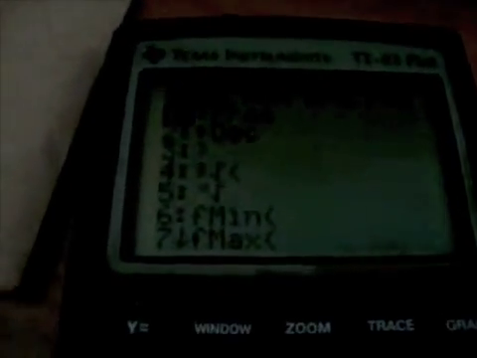So now what you want to do is go to math, frac, which is number 1, and then enter. So you get a fraction. So you're left with this fraction in a matrix.